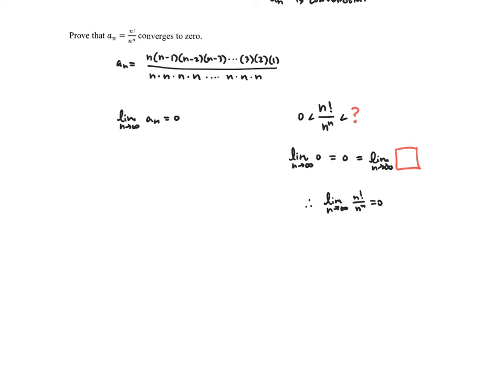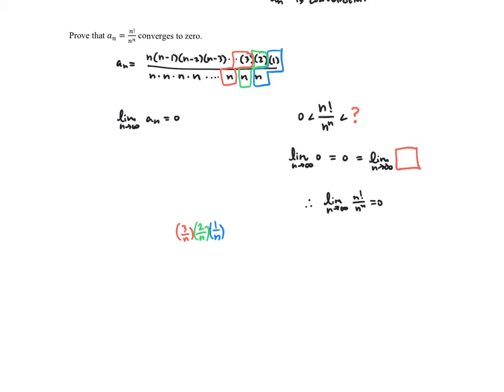Check this out here. I've got 1 over n. Then I've got 2 over n, and I've got 3 over n.